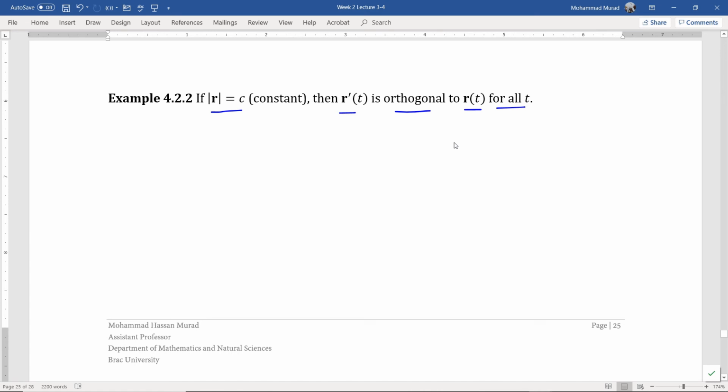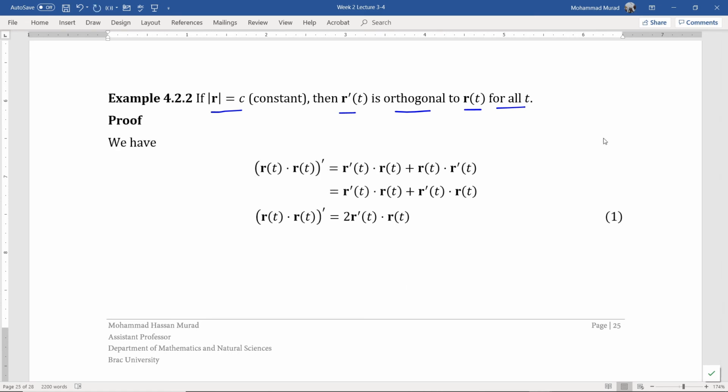Let's look at the proof of this statement. We have, from the previous theorem, the derivative of the dot product, which can be written as R prime of t dot R of t plus R of t dot R prime of t. Now the second term here can be rewritten as this term, since dot product commutes.